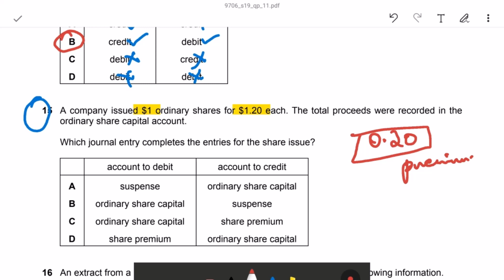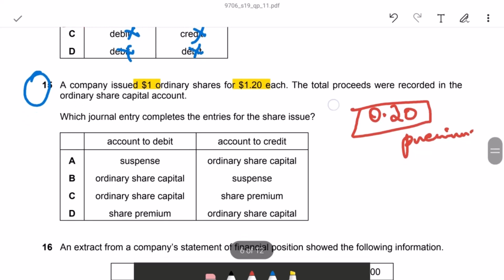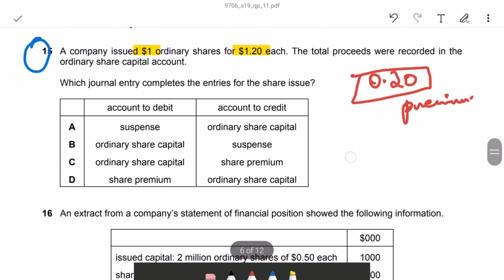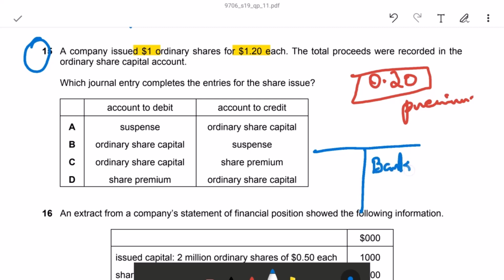Then one is the ordinary share capital. So which entry completes the entries for the share issue? When we are issuing the share capital, we open the capital account. Credit side we get bank. The share capital full amount at 1.20 price we will credit in the capital account.